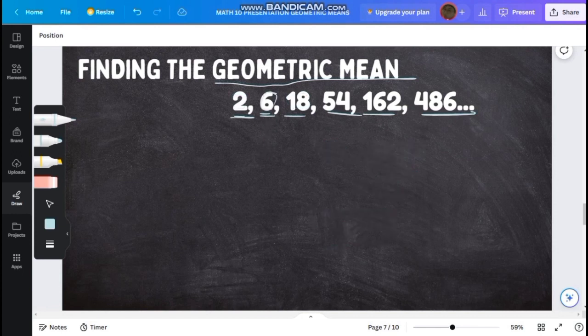Let's have another example. Let's take 6 and 486. So if these two are our A and B, we should get 54. So let's prove it. Again, the square root of the product of A and B, so that will be 6 times 486. Can you tell me what's the answer?